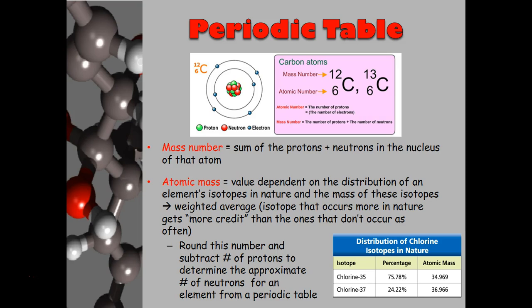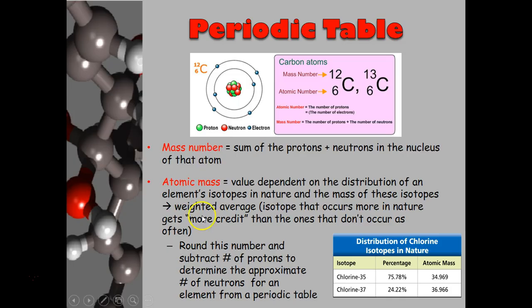What are we going to use it for? We're going to use it as a way to estimate the number of neutrons we would expect to see in a standard, typical atom of that element. So how do you do that? Well, typically we're seeing atomic mass reported, not the mass number, but the mass number is really what I need.